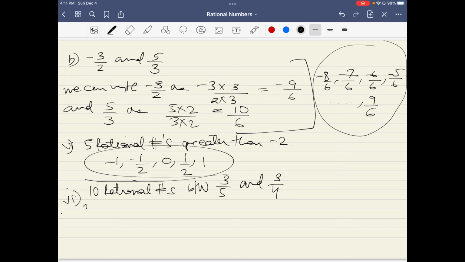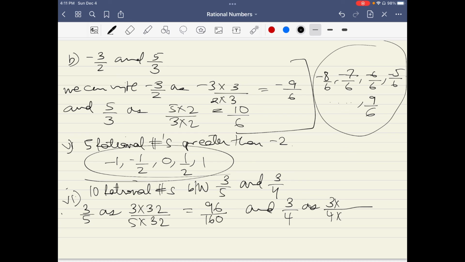We know that we can write 3 over 5 as 96 over 160, and we can write 3 over 4 as 120 over 160.